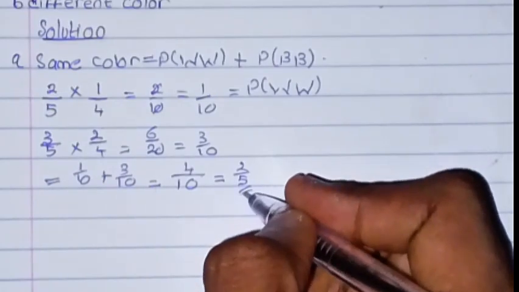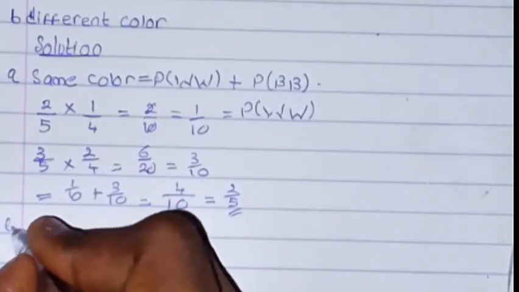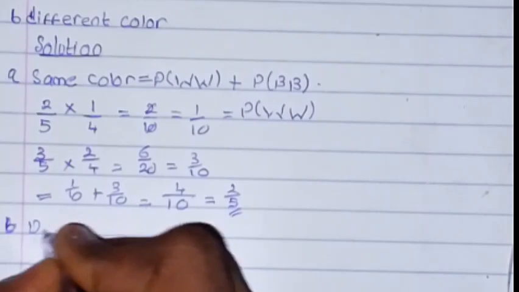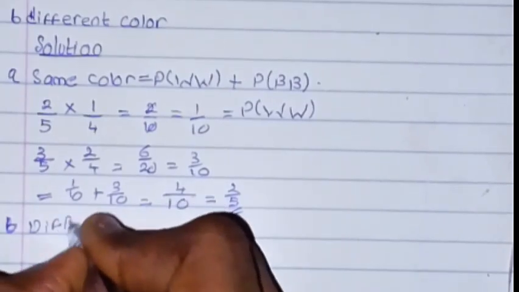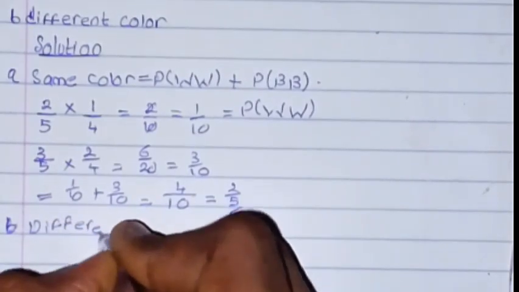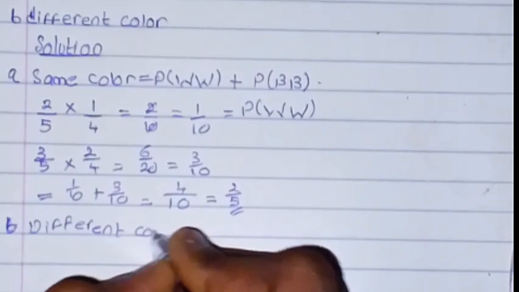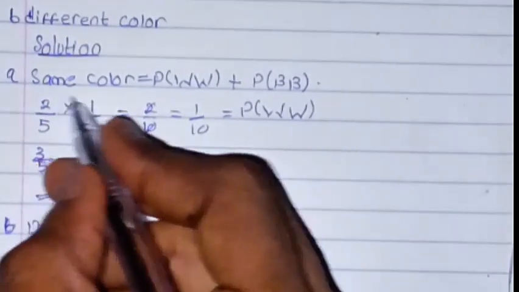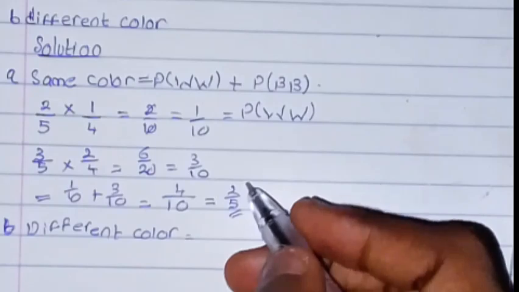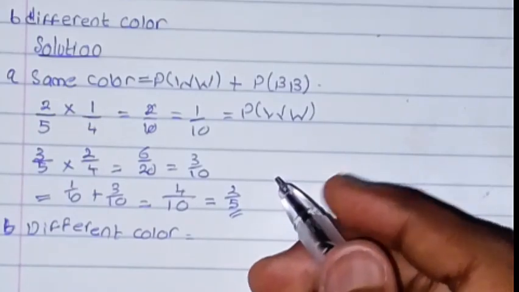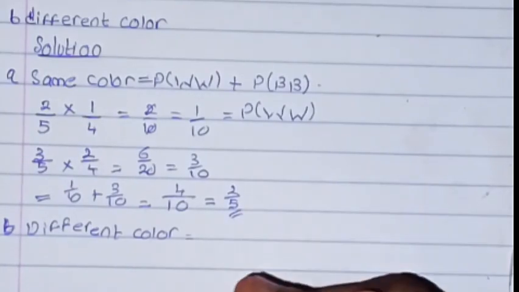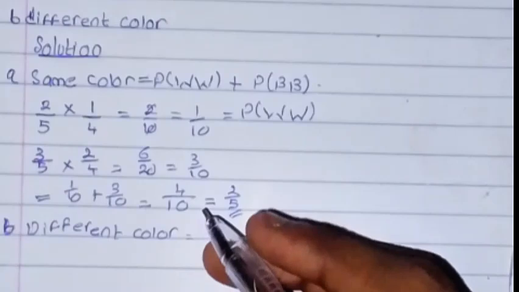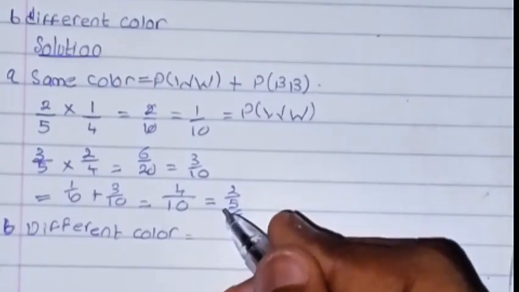Now, B says find the probability of picking different colors. If we have the probability of picking the same color as 2 over 5, we can use a simple trick. Instead of calculating for different colors entirely from scratch, we can remove this value from 1.